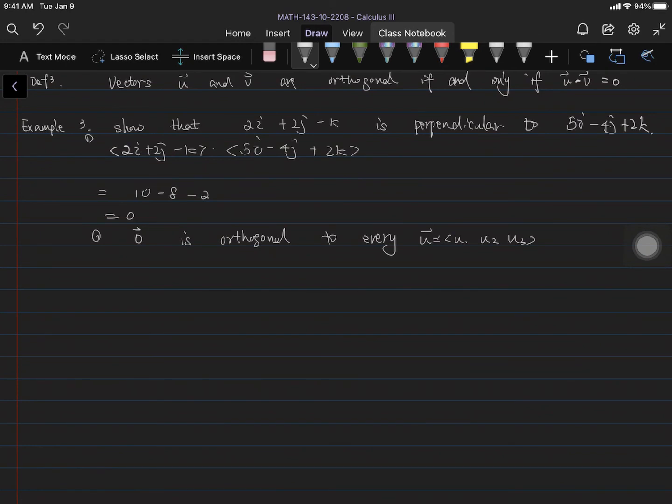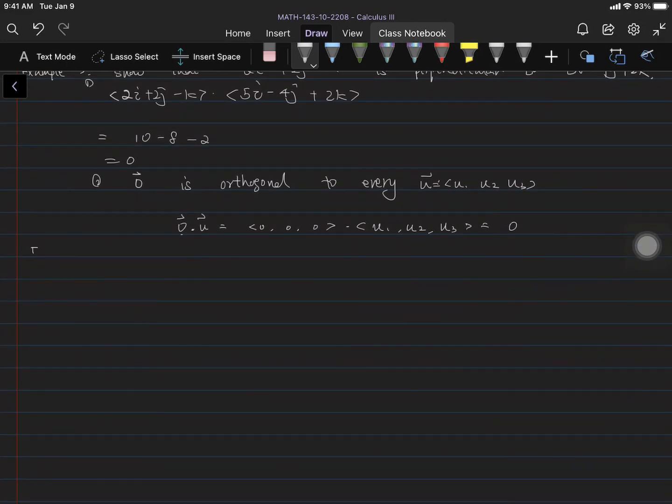For the zero vector, we just calculate the dot product. Do you still remember the zero vector? All its components are 0, so the dot product with (u1, u2, u3) equals 0. Because the dot product is 0, they are orthogonal.